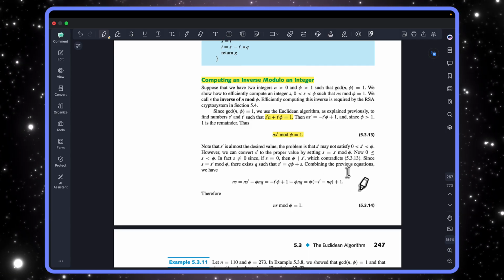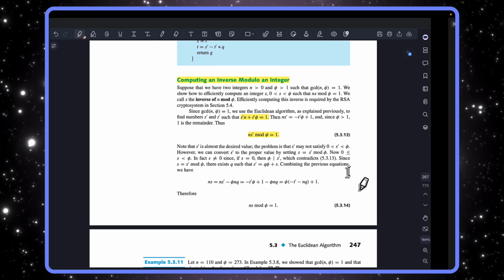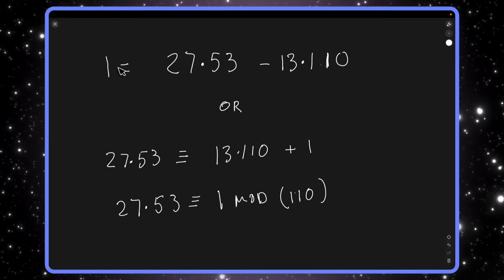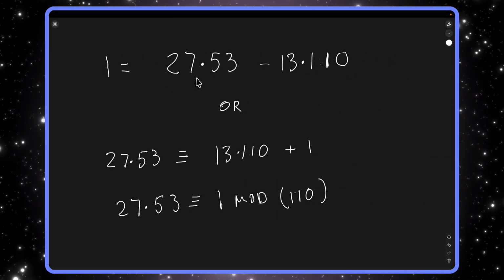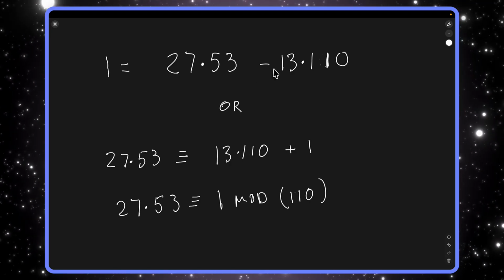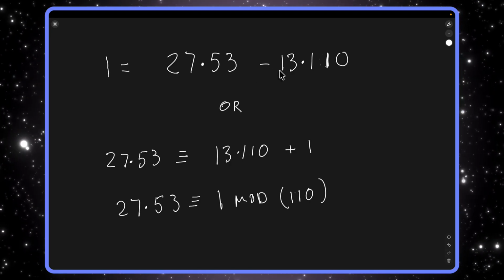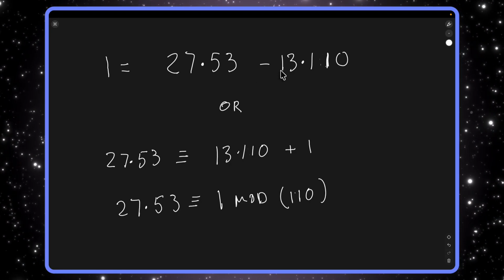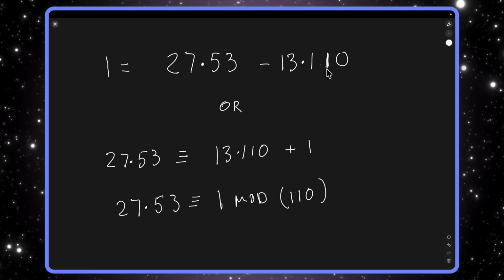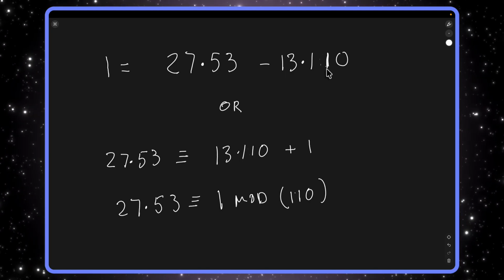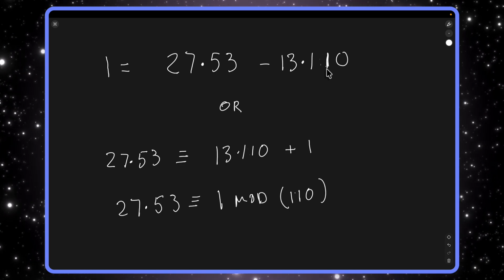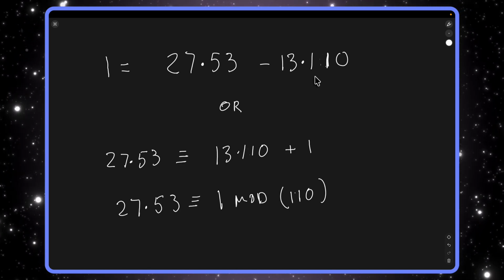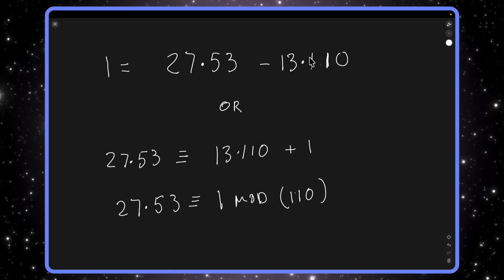Now let me show you an example. Going back to the computation we did, we wrote down that 1 is equal to 27 times 53 minus 13 times 110. Let's just assume this is correct.